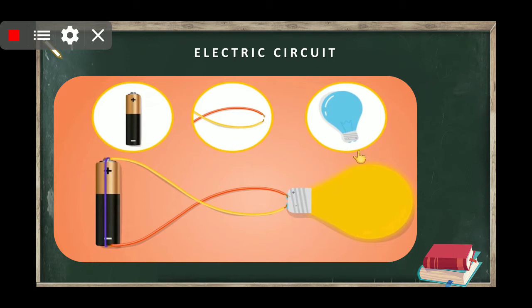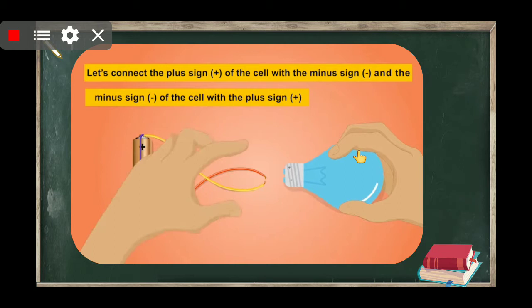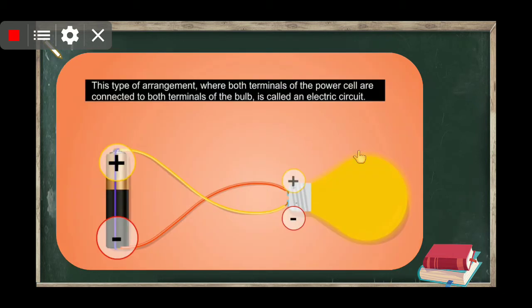So students, I will show you what will happen if the arrangement changes. As you can see, let's connect the positive of the cell with the minus sign, and the minus sign of the cell with the plus sign. Then too the bulb will glow. Okay students, this type of arrangement, when both terminals of the power cell are connected to the terminals of the bulb, is called an electric circuit.